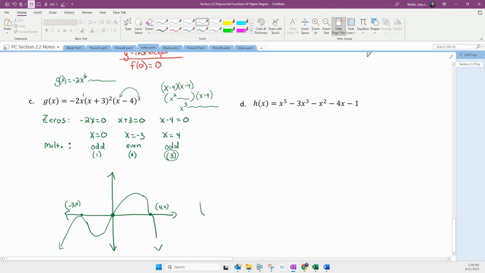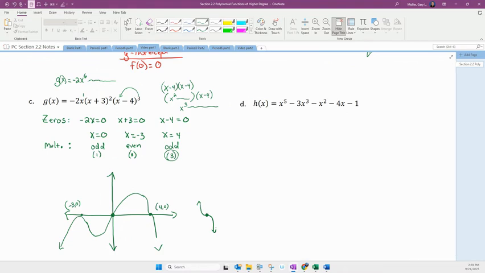So it's going to come in and come back out. That's what's happening at that zero right there. Now, I'm not going to hold you to that. If you just show me it passes through, we're going to be good. But what's really going on is it's got this little guy right there. That's known as an inflection point, but that's more of a calculus term that we're not going to worry about too much here.